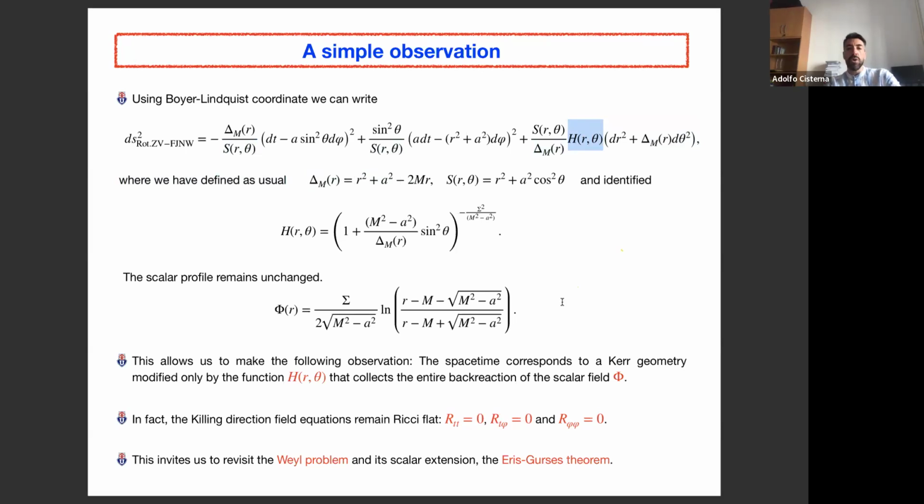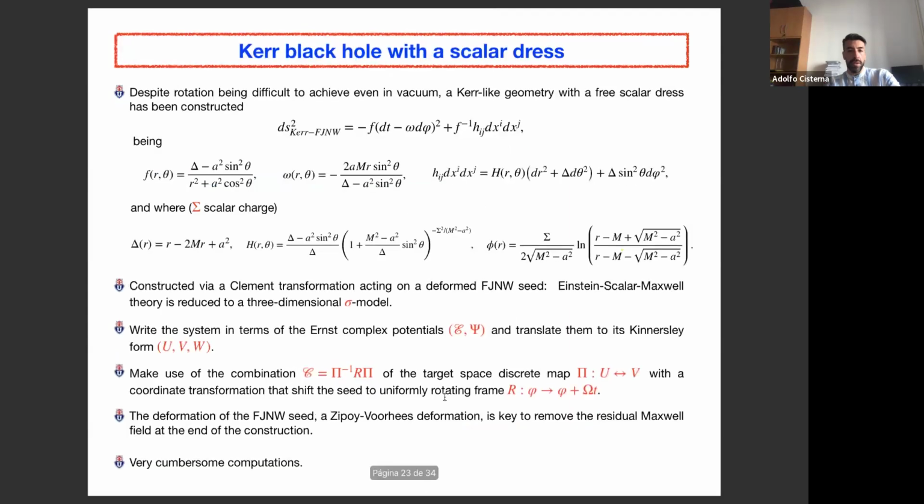And you don't need to go through this very painful solution generation technique based on sigma models and symmetries of the sigma model that Clement used.